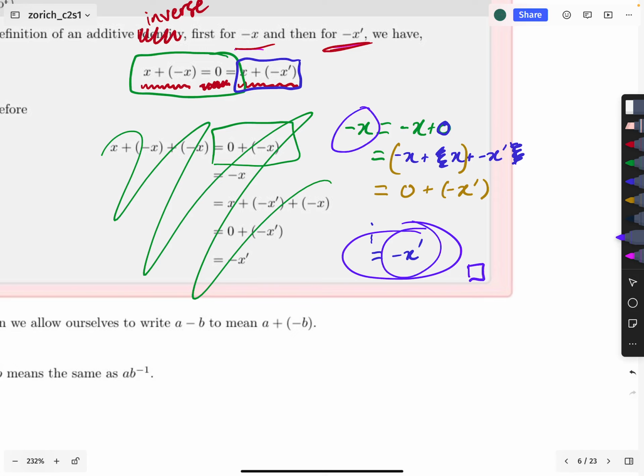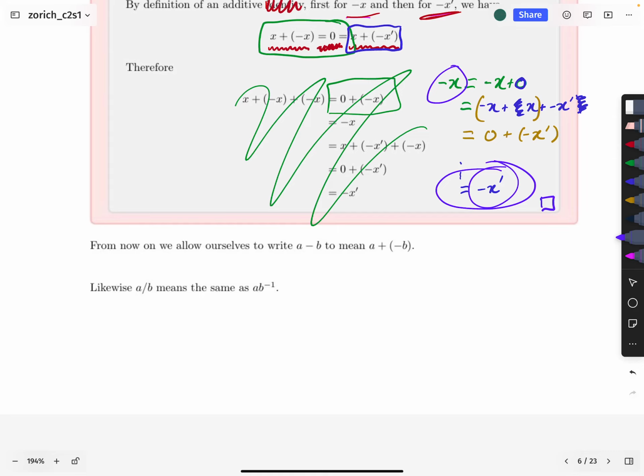So there we go. I've been somewhat disciplined in writing parenthesis minus x like that to denote the additive inverse, but we are used to the idea that adding a negative is the same thing as subtraction, so we might as well adopt that as an official policy from now on, that this and this just mean the same thing.